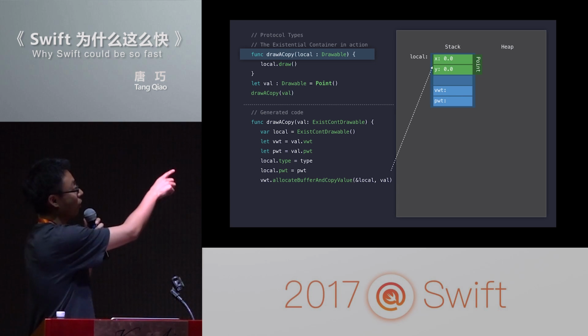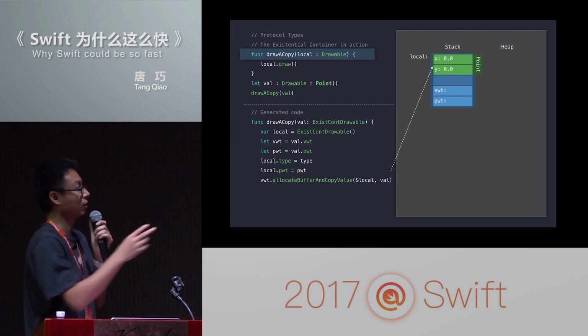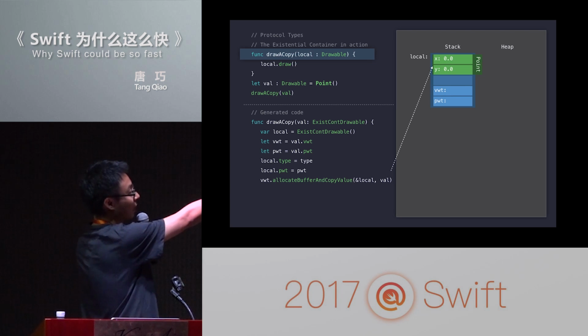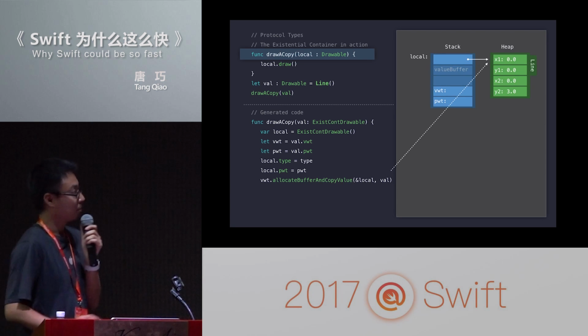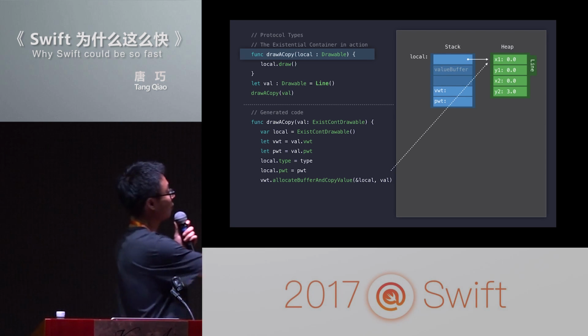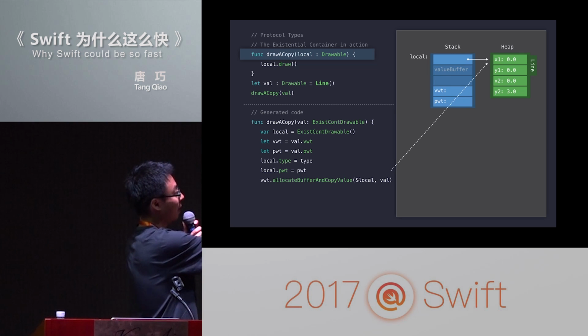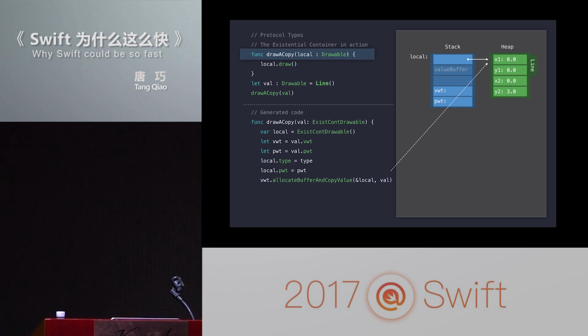So if it's a Point, which is 2 words in size, it will be put into the value buffer directly. But if we change the type from Point to Line, it's 4 words in size, so it cannot be put into the value buffer. So there will be another memory in the heap, and in the value buffer there will only be one pointer in it, pointing at the heap memory.